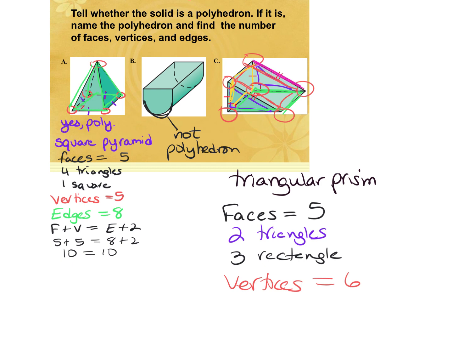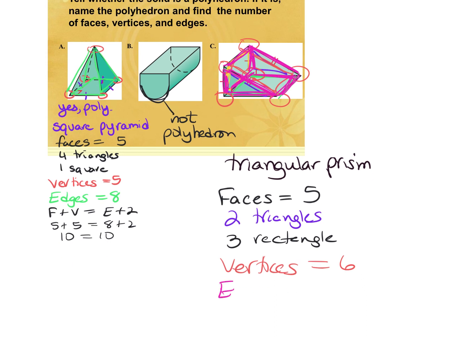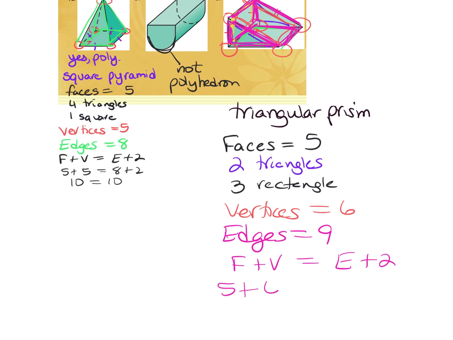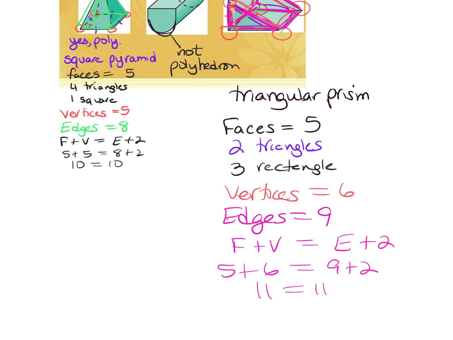So over here, 1, 2, 3, 4, 5, 6, 7, 8, 9. So it has 9 edges. And again, you can check it by doing faces plus vertices equal edges plus 2. So 5 plus 6 equals 9 plus 2, and you get 11. So 11 equals 11, so it works.